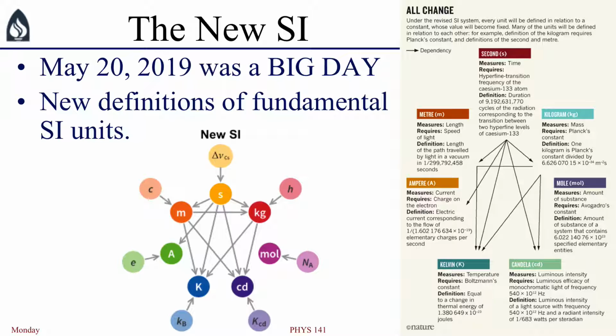So this change in the SI system doesn't really affect the calculations we'll be doing in general physics, because we won't be carrying out measurements of very, very high precision. But it's just kind of neat to know that the system was changed and that all of the constants of nature are now used to define these units.